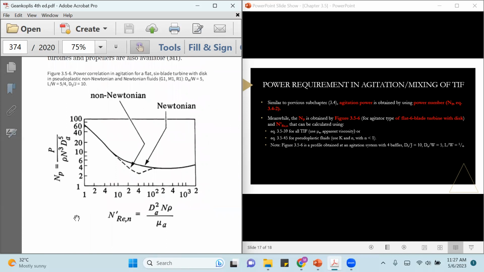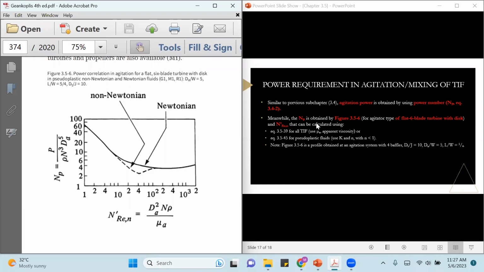If you still remember from subchapter 3.4, when you get the N Reynolds, then you can get the NP using the graph, with 6 curves as far as I remember. After you get NP, then you can get P. So it's similar to what we have previously talked about.